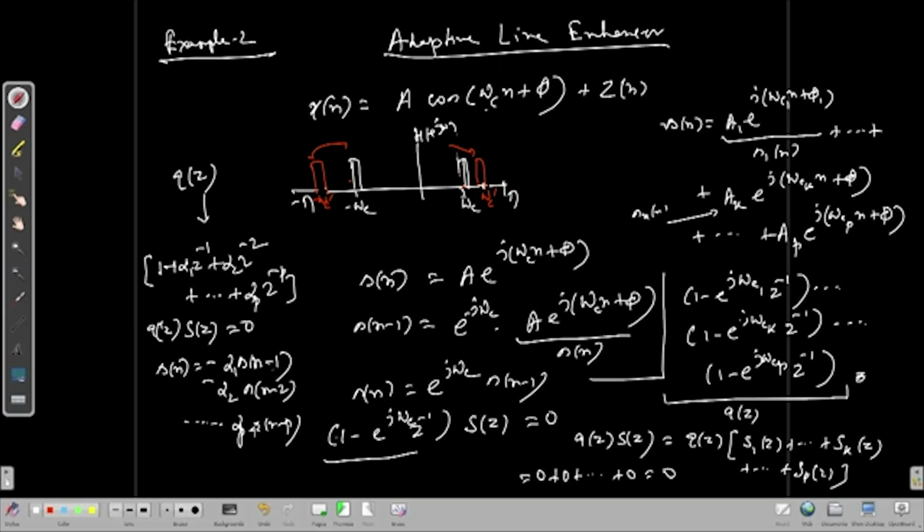Any current sample of Sn can be obtained by a linear combination of past p samples, as though I have a filter that takes Sn minus 1 as the input, and I have these coefficients as the filter coefficients minus alpha 1, minus alpha 2, minus alpha p, then the filter output will be the same as Sn. Okay. So, this fact will be used in that adaptive line enhancer, and that I will show in the next class. Okay. Thank you very much.